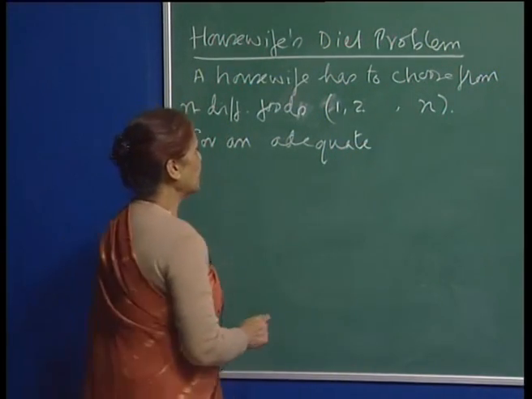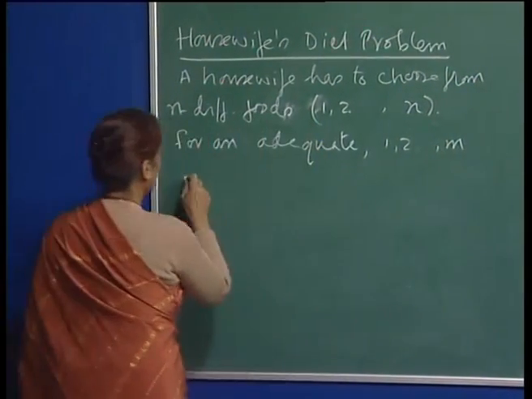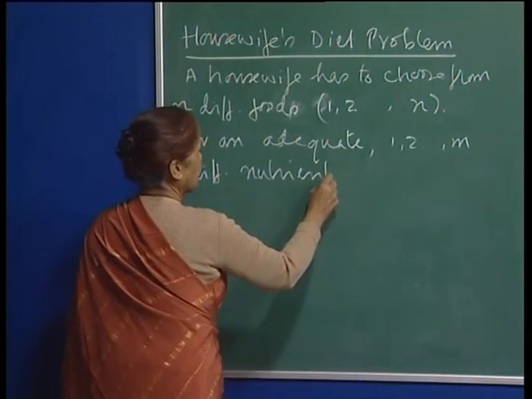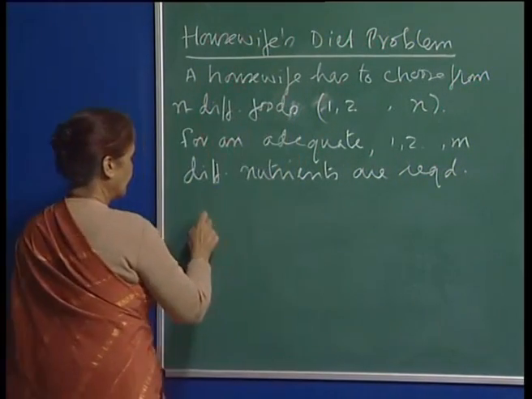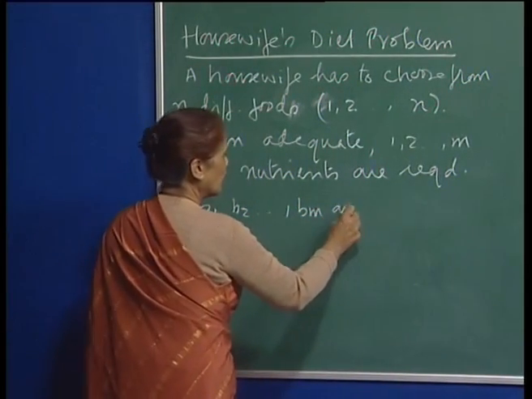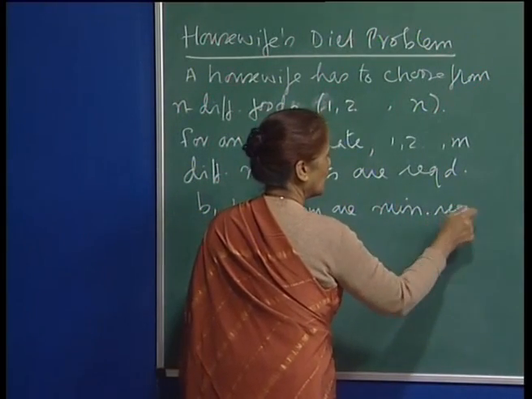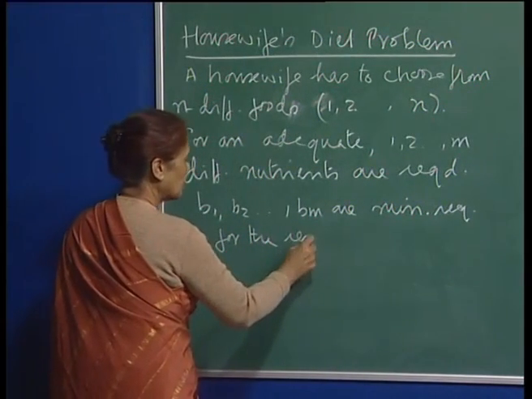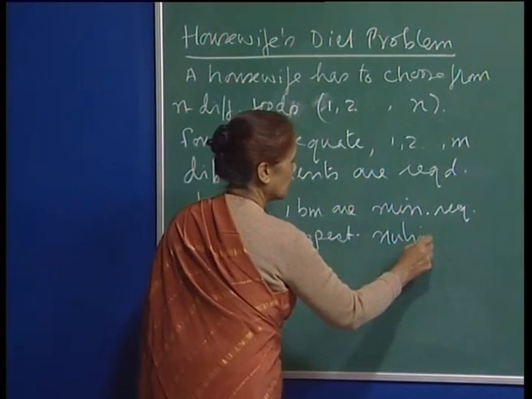So, for an adequate diet, 1, 2 to m different nutrients are required, and B1 to Bm are the minimum requirements for the respective nutrients.